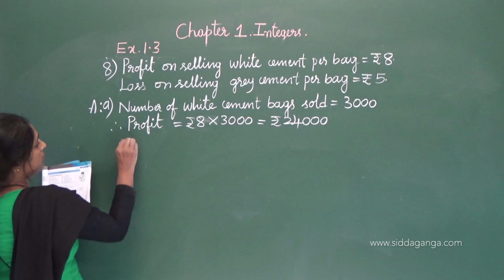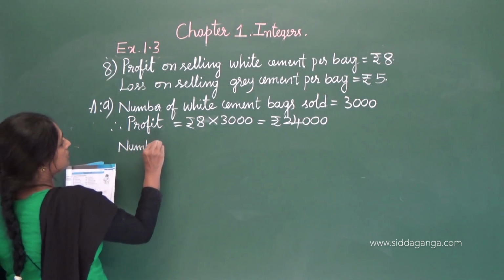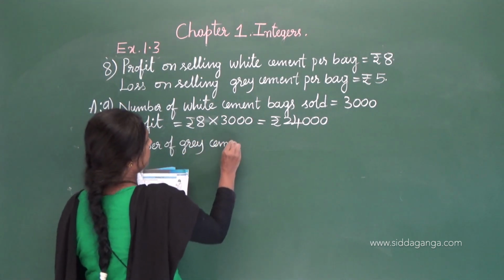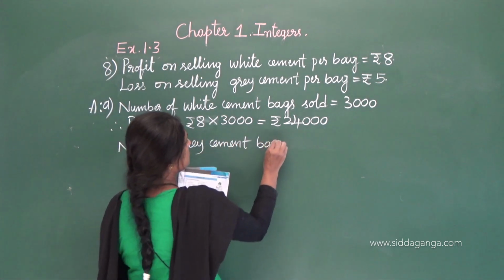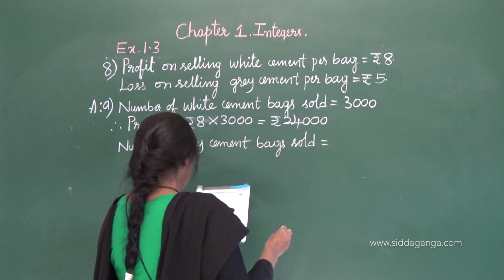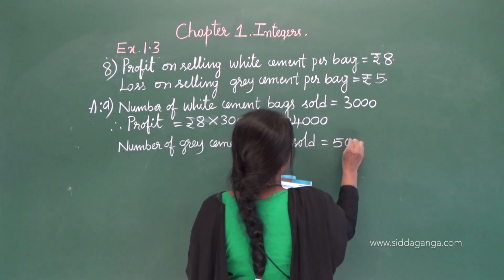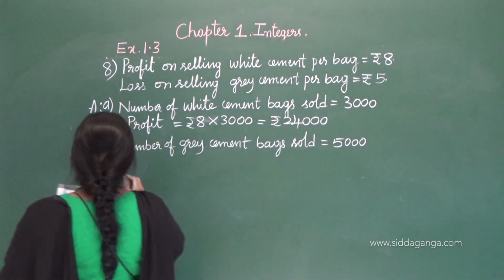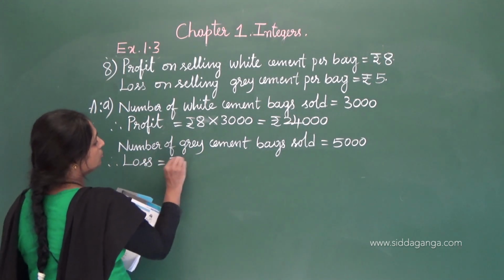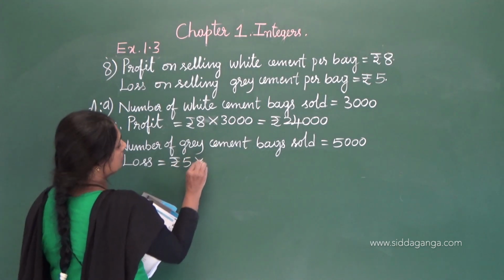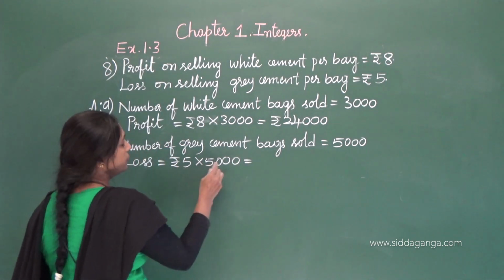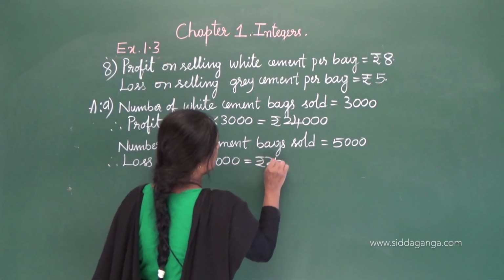Okay, number of grey cement bags sold is equal to 5,000, and therefore loss is equal to rupees 5 into 5,000, that is equal to 25,000, that is 5 5s are 25.